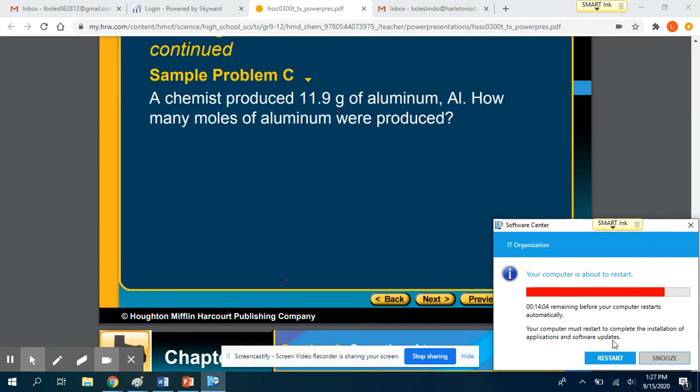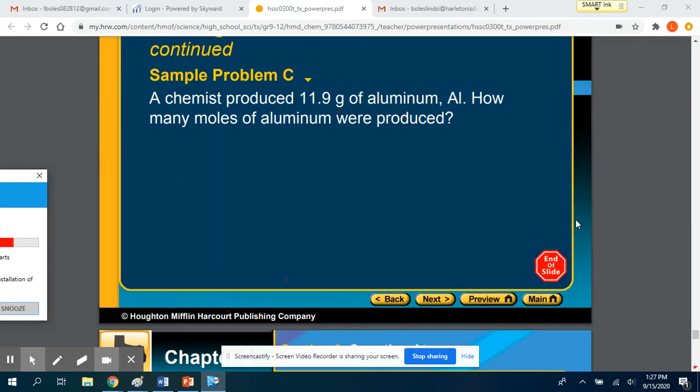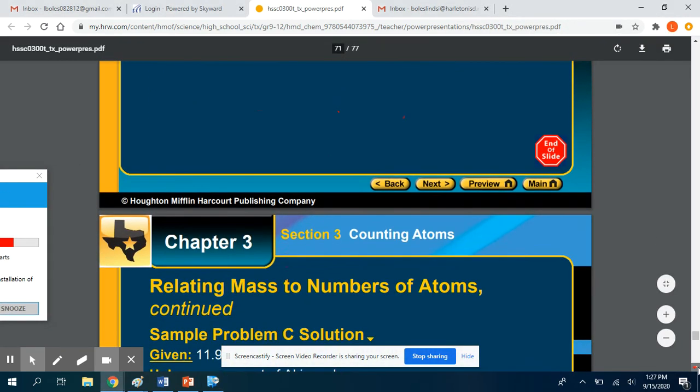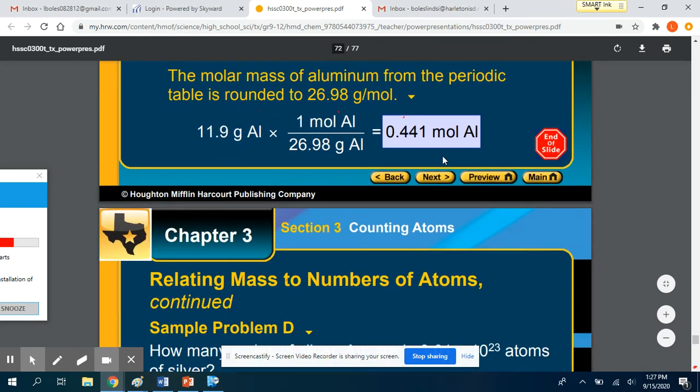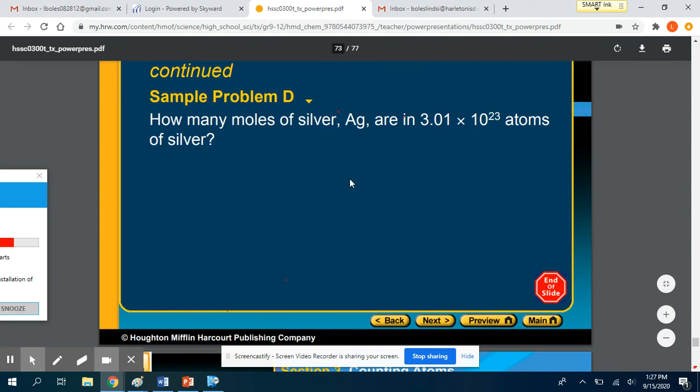All right, just to check, we did get the right answer. We're good to go. This is going to be the first one that uses Avogadro's number.